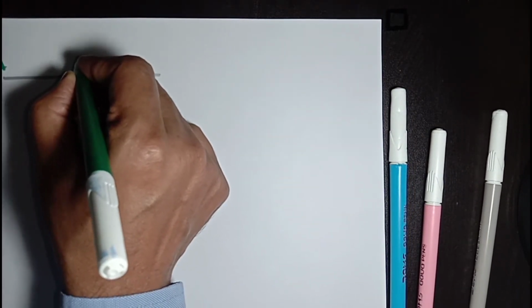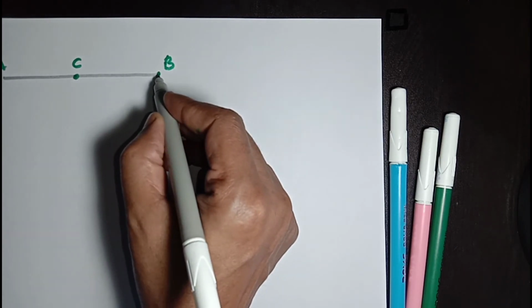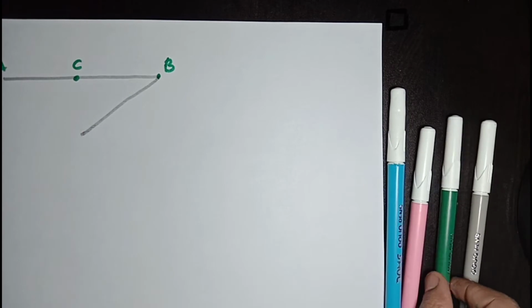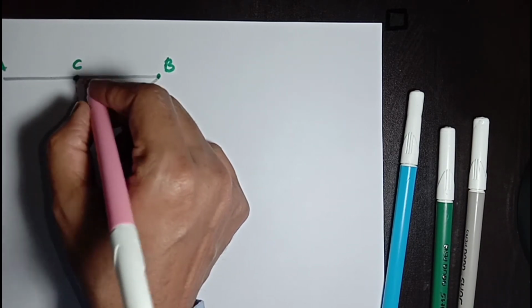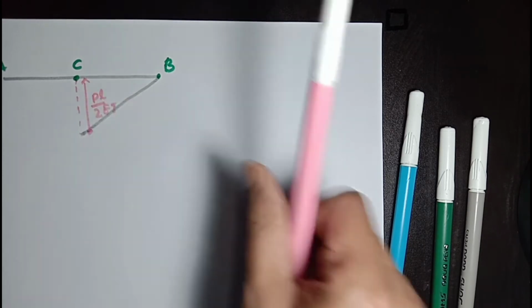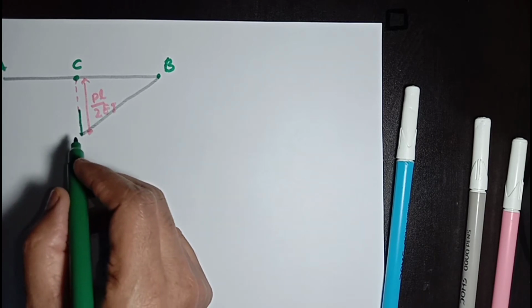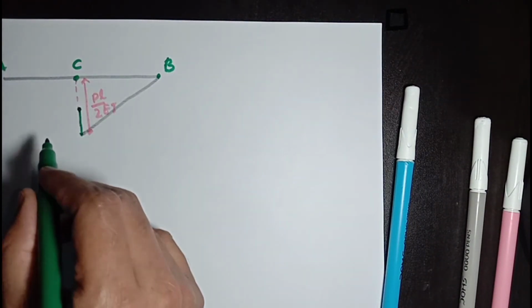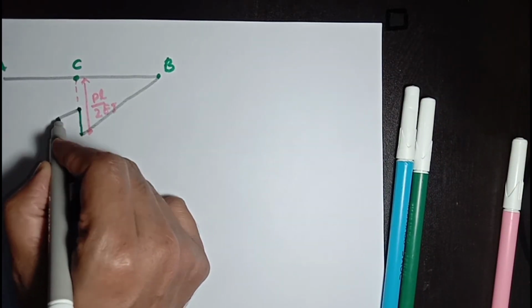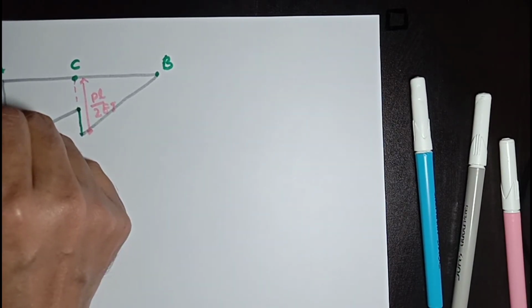I am taking a large view, and this is A, this point is C, and this point is B. The M over EI value here will be PL divided by twice EI, and there is a drastic reduction of the M over EI value here to PL divided by 4EI, and then again at the end this value is PL divided by twice EI.